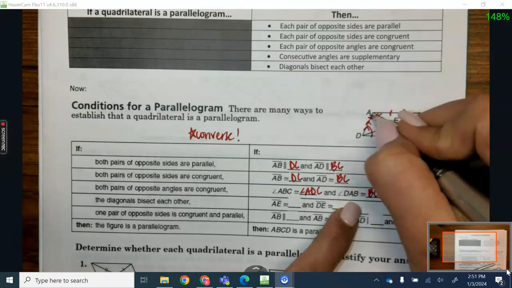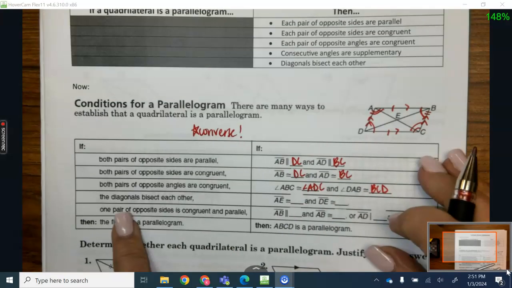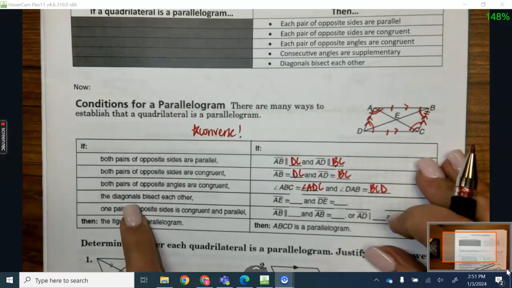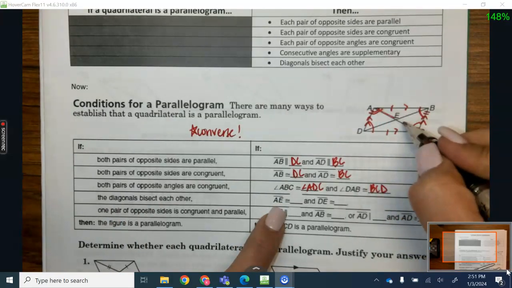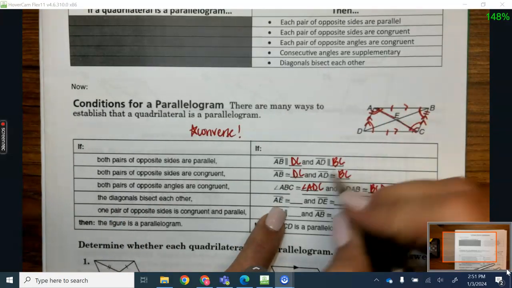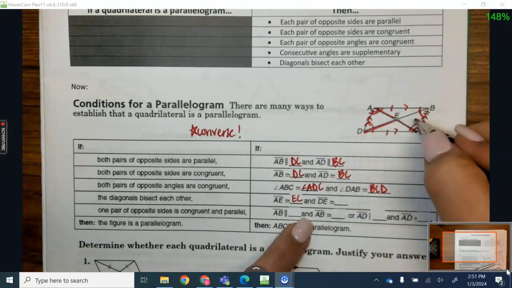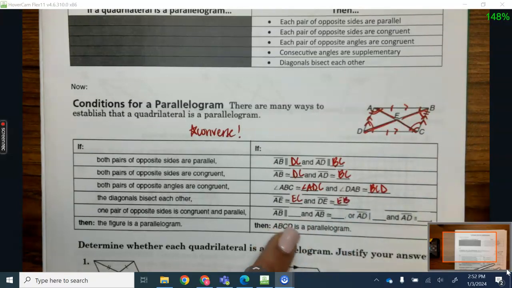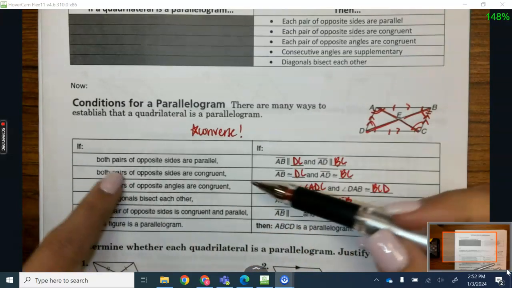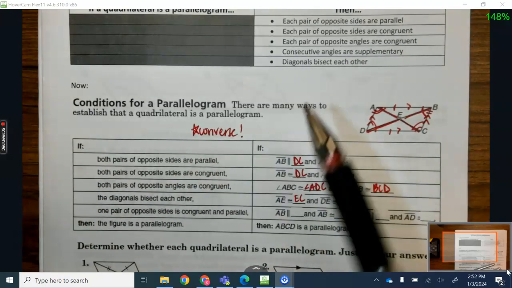As long as that opposite angle, that is the vertex, the middle letter, okay? If diagonals bisect, so if AE right here is congruent to EC, and DE right here would have to be congruent to EB. Okay, if we can prove any of these properties, then the figure is a parallelogram.